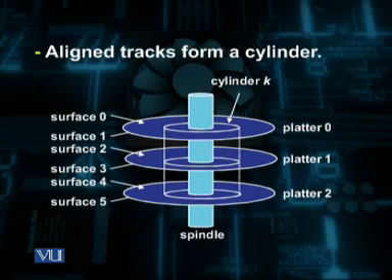However, the capacity is determined by different factors. For example, it is determined by the recording density, that is, the number of bits that can be squeezed into a 1-inch segment of a track. And the areal density is defined as the product of recording density and track density.